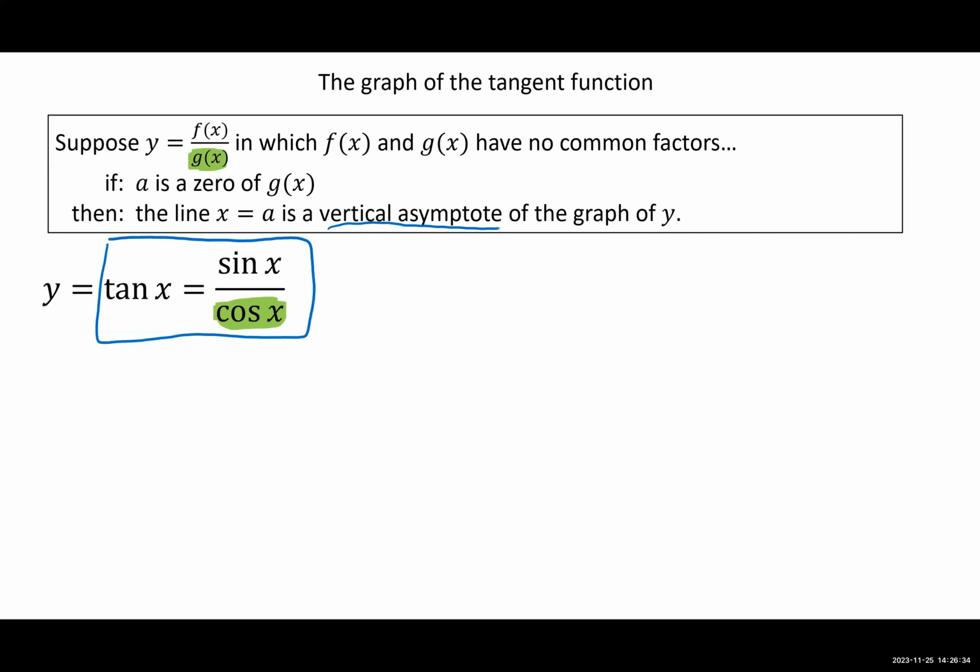And from what we know already about the cosine function, we've talked about the unit circle, we've talked about the graph of the cosine function, the x-intercepts of the cosine function. Now the cosine of x is equal to 0 at infinitely many different values of x. And every time the cosine function is 0, the tangent has another asymptote.